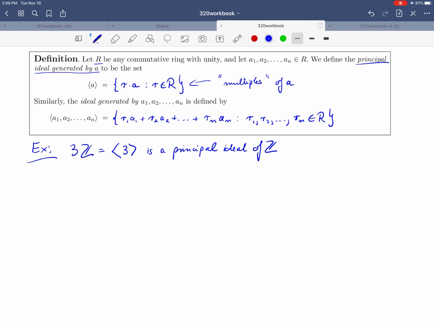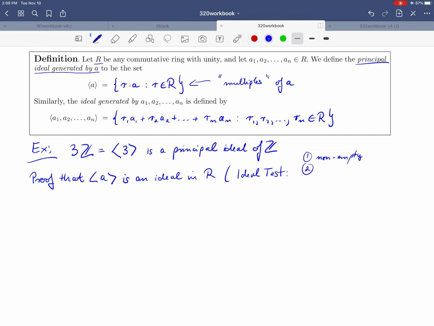So let's do that. So let's prove that the principal ideal generated by A is an ideal in R. And so we're going to use the ideal test. And if you go back or if you check your notes, there are 3 things that we need to do. So the first one is non-empty.